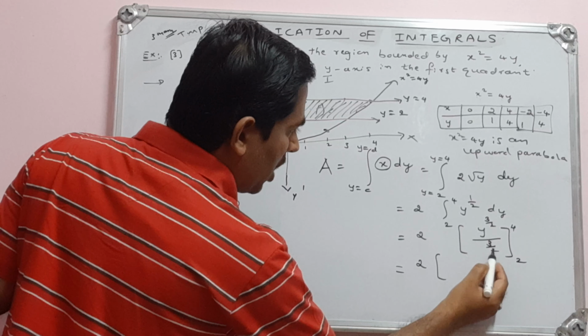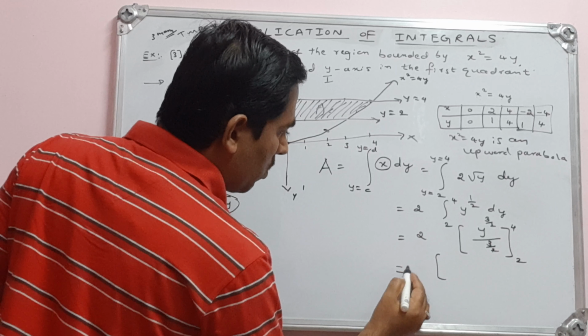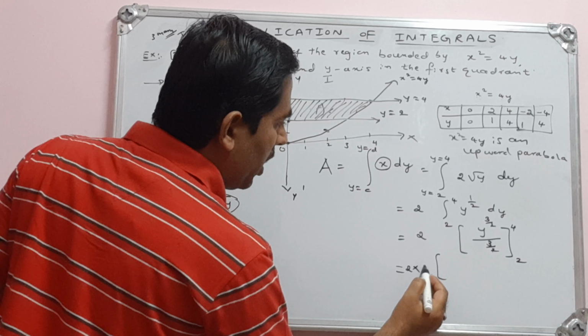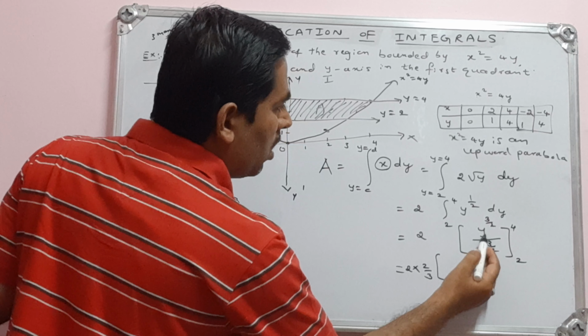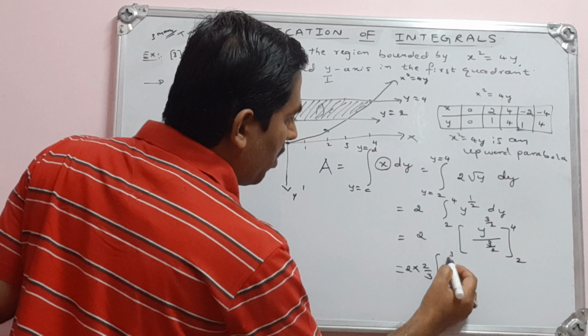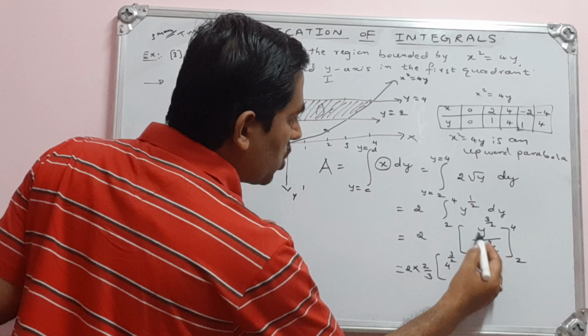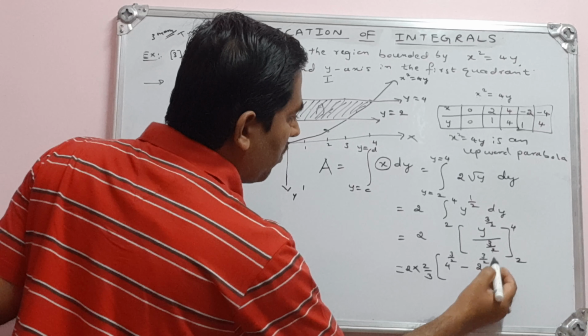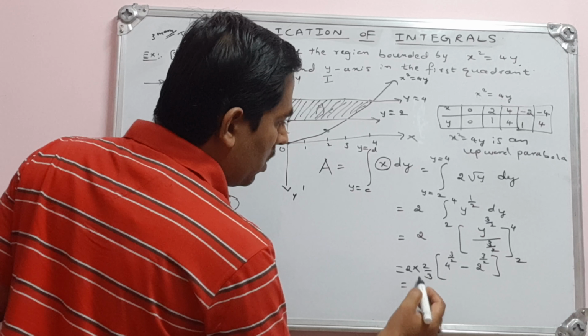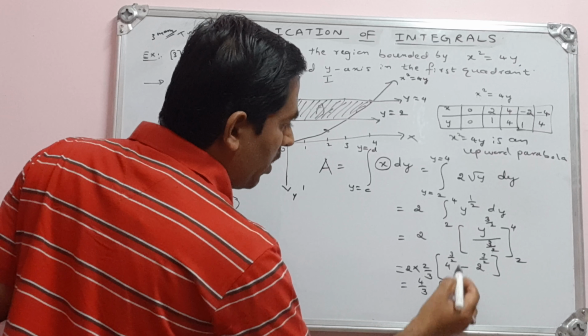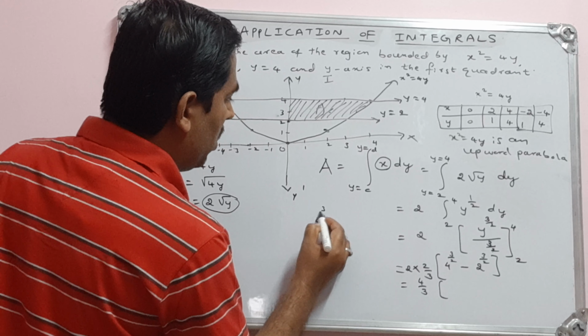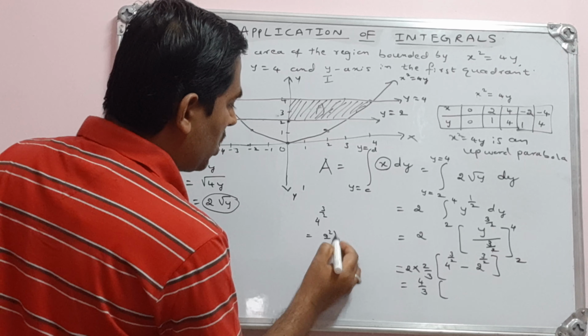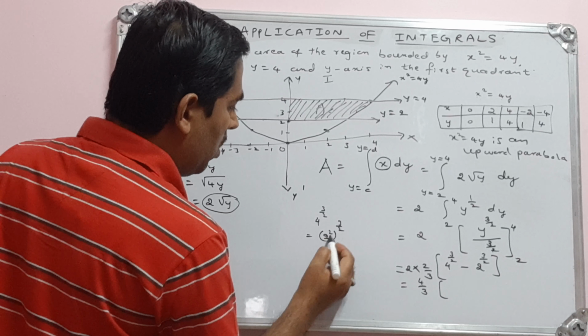See, this 3 by 2, I will take that to the numerator, 2 into, so this 3 by 2 becomes 2 by 3. Then upper limit is 4, 4 to the power of 3 by 2 minus lower limit is 2, 2 to the power of 3 by 2. Then this becomes 4 by 3. So we know how to calculate 4 to the power of 3 by 2. In our previous class we have worked out this, 2 square whole to the power of 3 by 2.